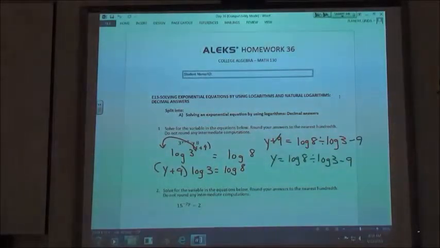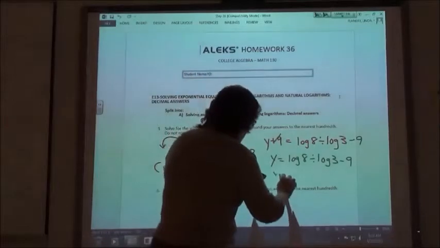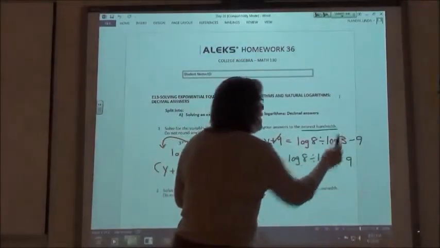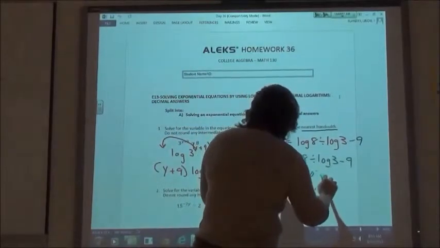This is where I'm going to have to use my calculator because in the directions it says solve for the variable, round your answer to the nearest hundredth. So I'm going to grab my calculator and figure out what that's equal to. So log of 8 divided by log of 3 minus my 9. What'd you get? A big long number? Well, yeah, I got a big long number because I'm going to round it off. So I got negative 7.1072, and so forth.